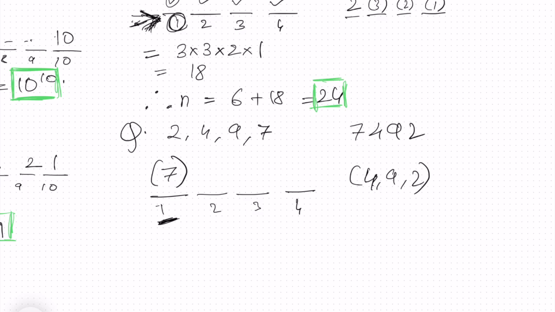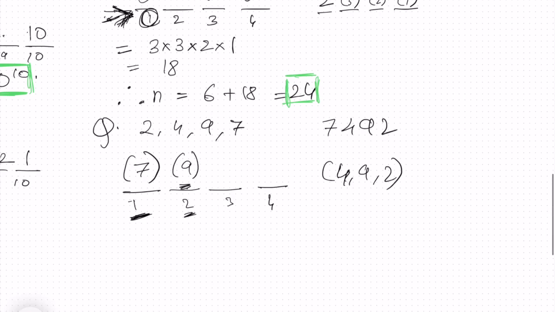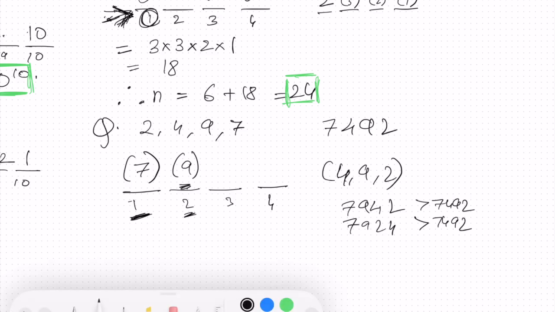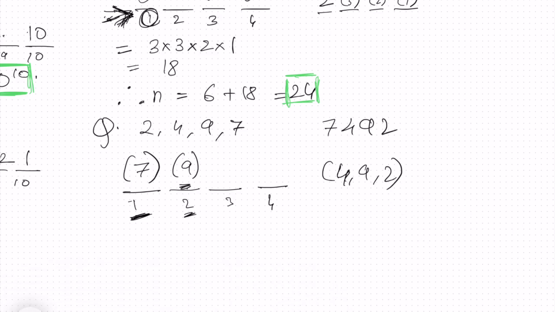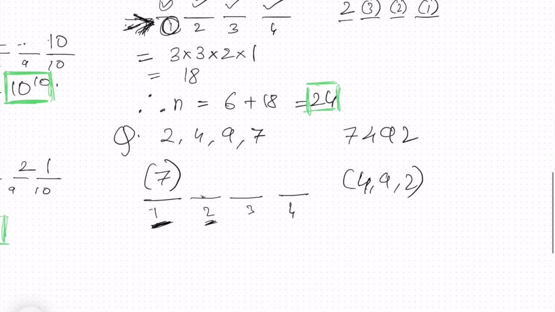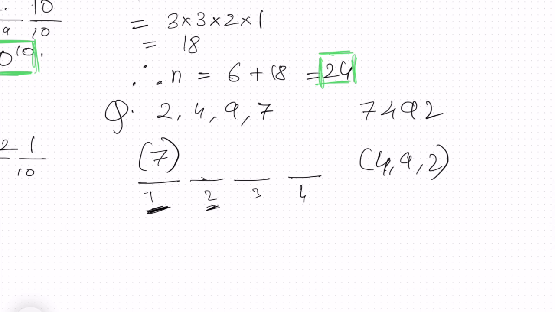The digit in position 2 now cannot be 9, because if I fill this with 9, then the only two possibilities are 7942 and 7924, both of which exceed 7492. So we cannot count these, correct? So I can only fill position 2 with either 4 or 2, which means two numbers.